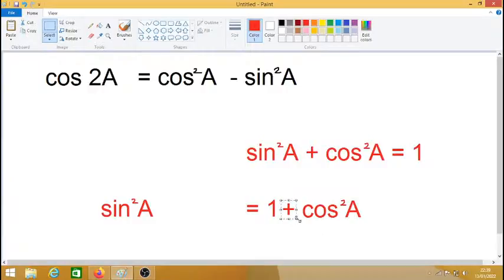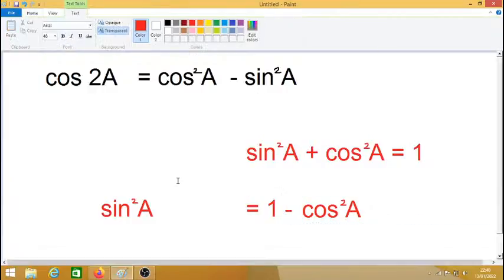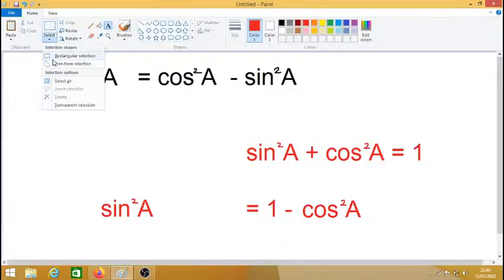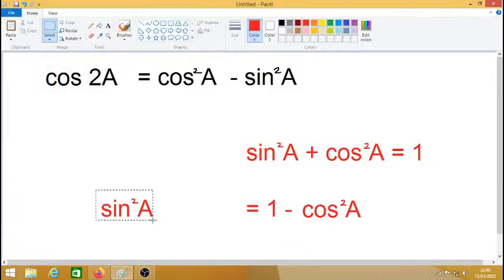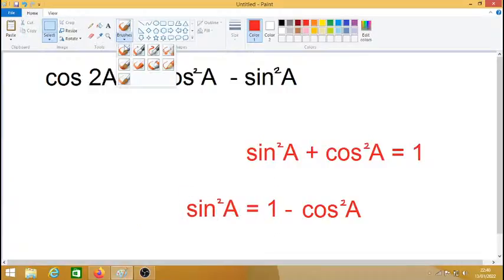And what that means is that wherever I've got sine squared in my cos 2a formula, I can replace it with 1 minus cos squared. I need to put brackets around it.